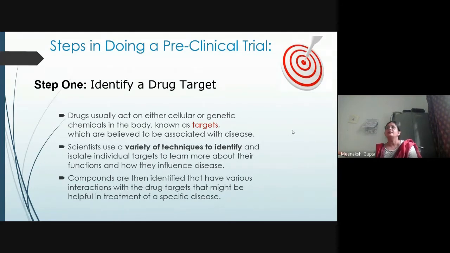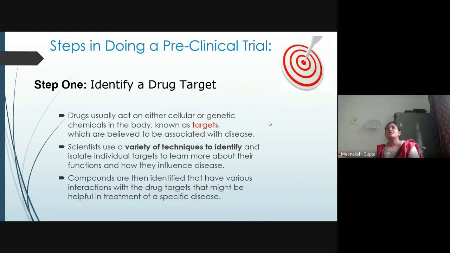For example, consider a disease called LSD, lysosomal storage disorder. Lysosomal storage disorder is caused by a deficiency of a particular enzyme. We all know lysosomes work as a digestive bag in the cell, and about 50 different types of enzymes are present in the lysosome.